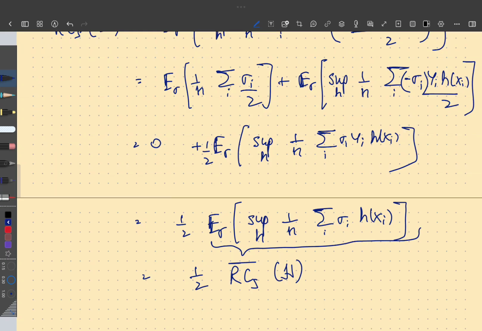In fact, this is exactly the Rademacher complexity where I replace L of h of xi yi with just h of xi. In the standard definition of the Rademacher complexity, I would have had L of h of xi yi. I'll just replace that with h of xi.